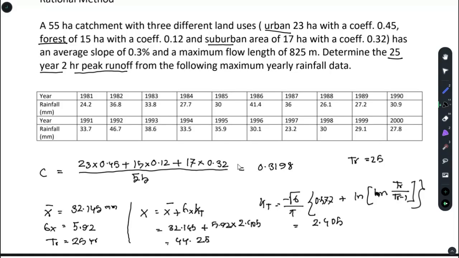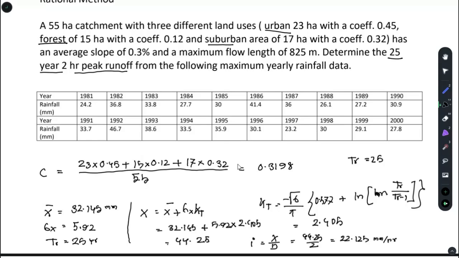So for intensity, I, you divide x by duration, which is 2. So 44.25 divided by 2, you'll get a value of 22.125 millimeter per hour.